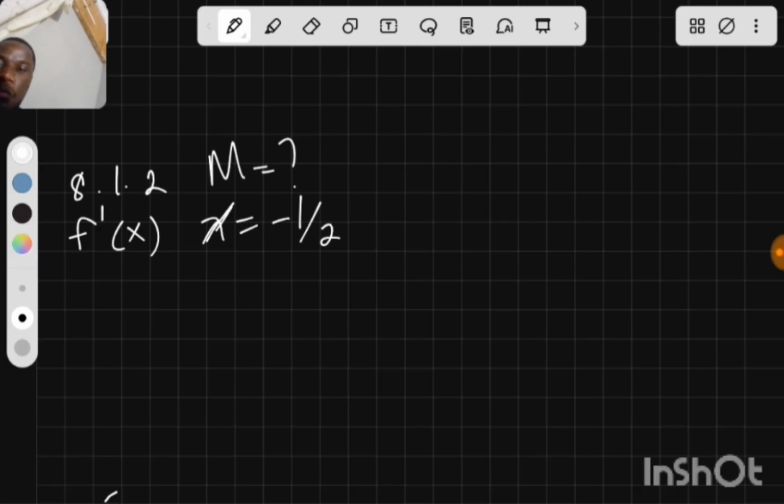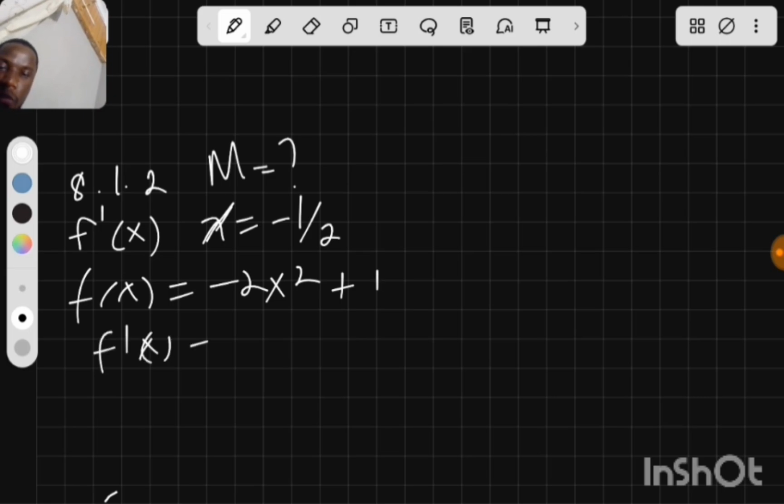You must get your graph, which is minus 2x squared plus 1, and do the derivative, which is minus 4x. Where you see x, you substitute with minus 1 over 2.